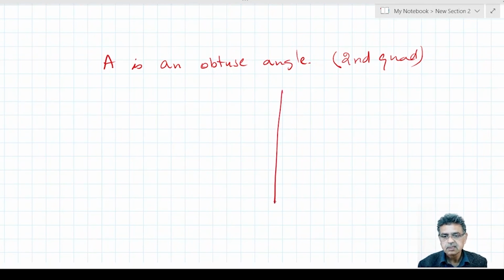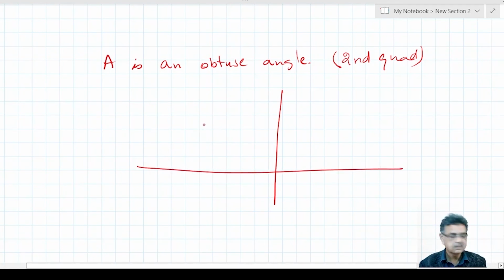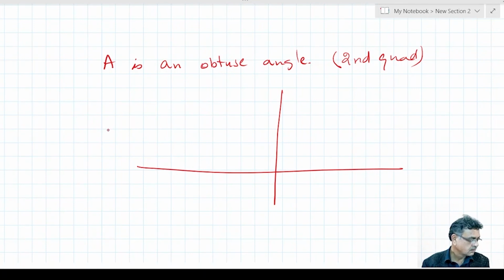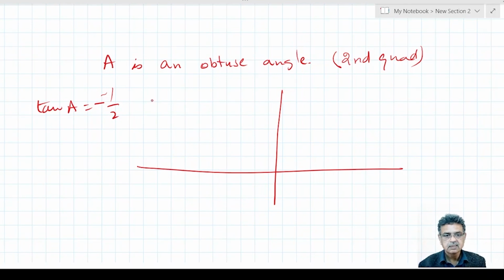So this time A is an obtuse angle in the second quadrant, and tangent A is equal to minus 1 upon 2. That is, opposite is 1 and adjacent is 2. This way. This is 2, this is 1.